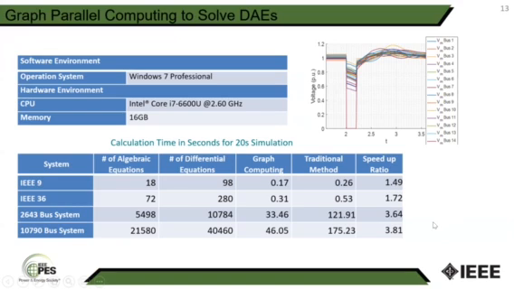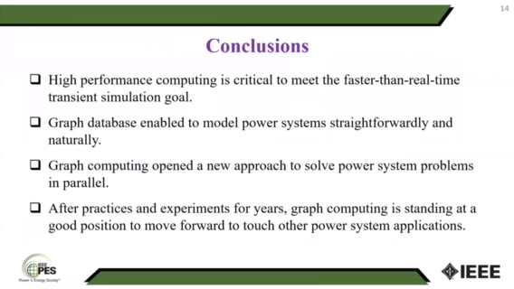The speedup ratio is up to 3.8. This is a preliminary result. It's still not faster than real time, but we have potential and a big room to move forward to achieve faster than real-time simulation.